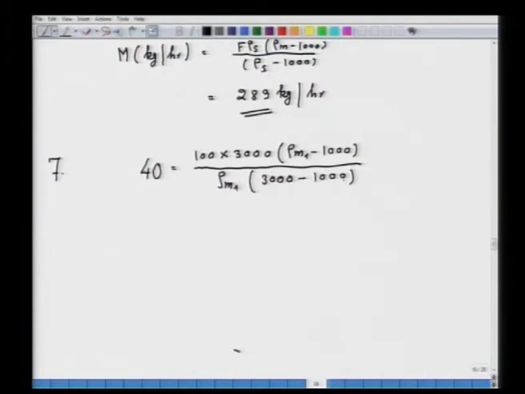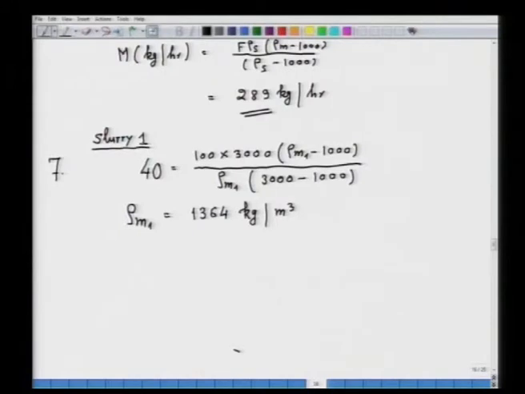So, this way I can calculate the value of the density rho m 1, that is equal to 1364 kilogram per meter cube. This is for slurry 1.